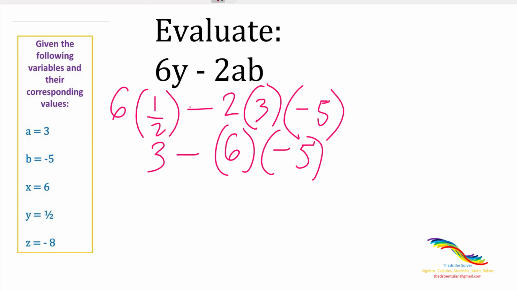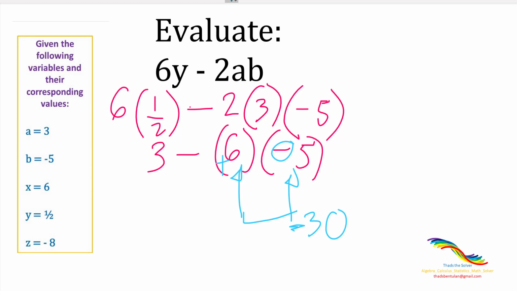Now, if you have two numbers which are being multiplied, one is a positive, one is a negative, then the resulting product is, in this case, 6 times 5 is 30, but it will carry the negative sign because of the rule that in multiplication, if you have two different signs, the product will be negative.